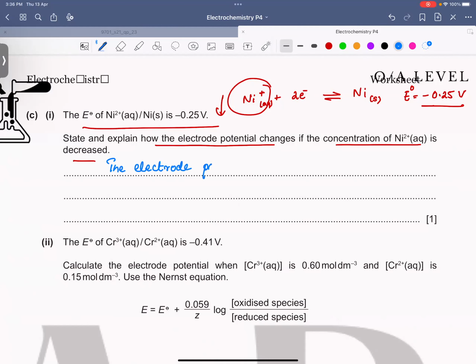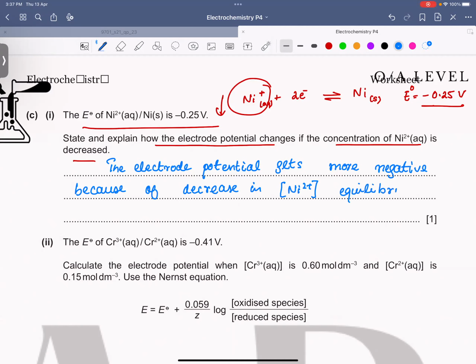So the electrode potential gets more negative because of the decrease in concentration of nickel ions, so the equilibrium shifts to the left hand side.